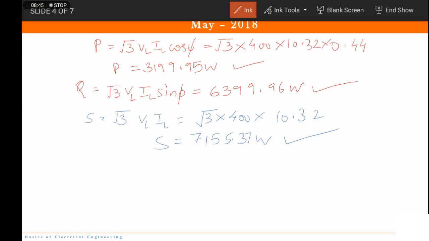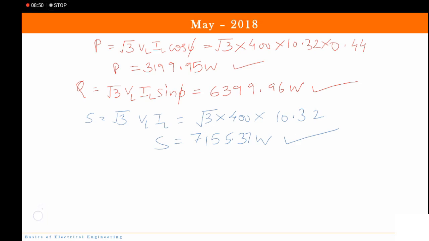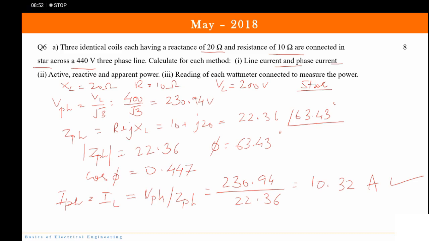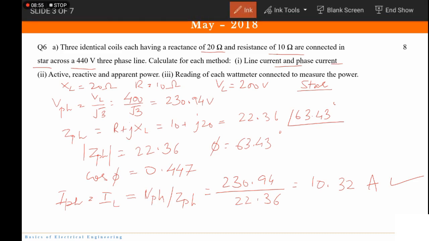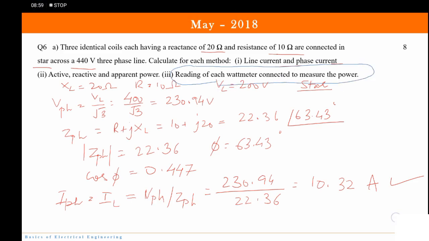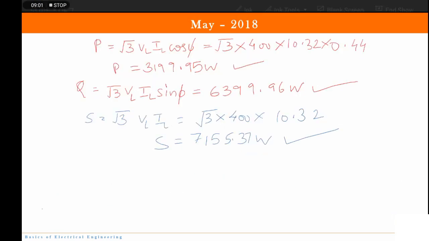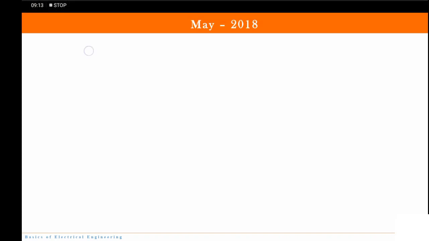Okay. Now if you read it, it says that we have to calculate the reading of each wattmeter also. So for this, we have active power, isn't it?